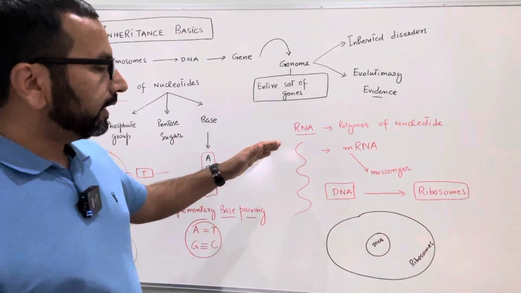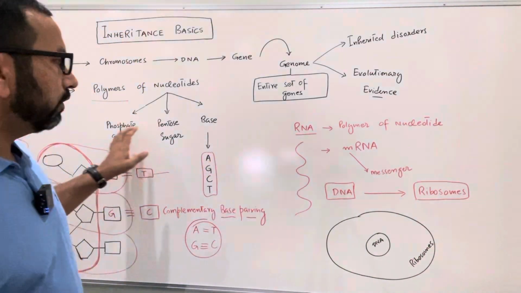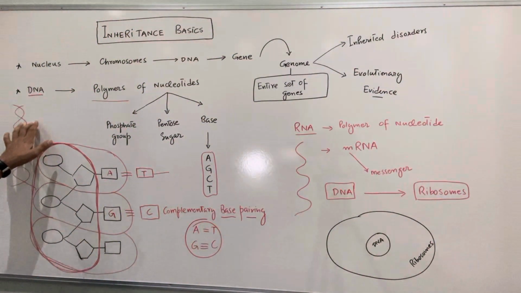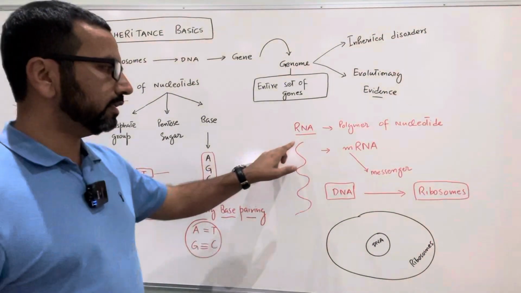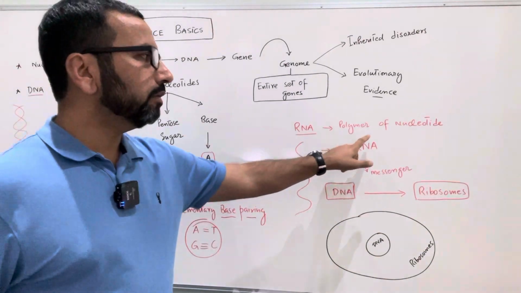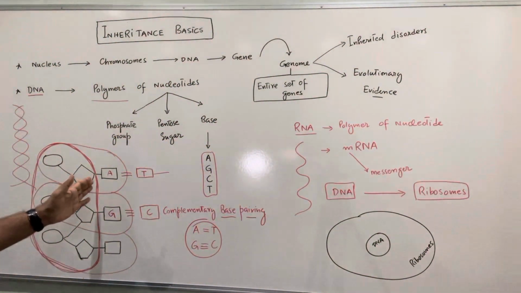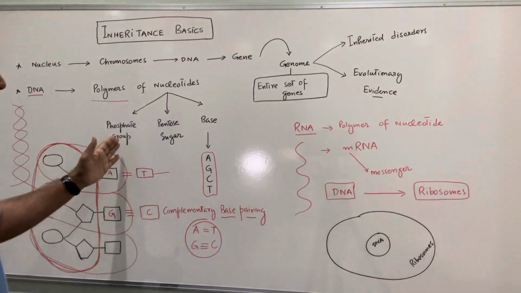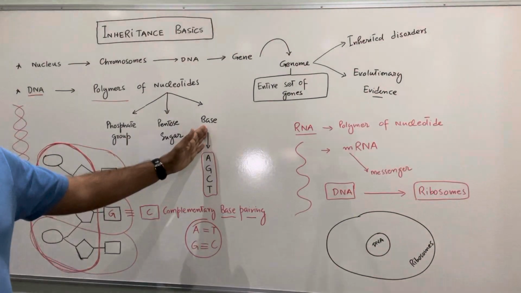RNA is another version of DNA. DNA always has two strands, and RNA is also a polymer of nucleotides. The nucleotide has a similar structure consisting of three parts: phosphate group, pentose sugar, nitrogenous base.